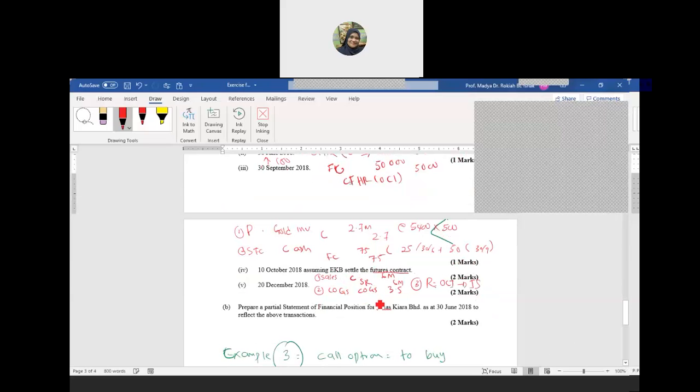Is it gold? Because your gold is already processed and become a finished good, the inventory that you're going to credit is not gold anymore. It's supposed to be jewelry.